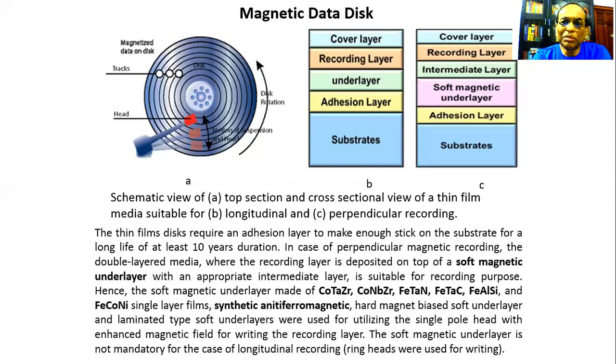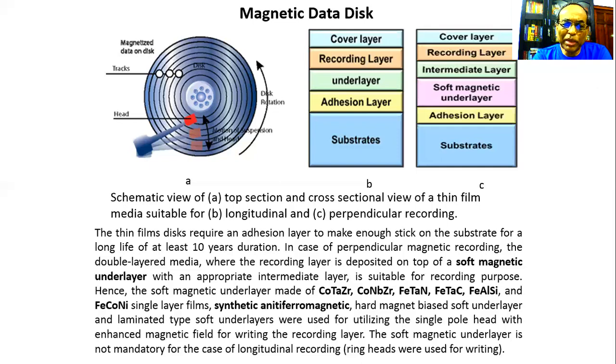So the adhesive layer is given, and this life is approximately 10 years. In the case of perpendicular magnetic recording, the double layer media, where the recording layer is deposited on top of a soft magnetic underlayer with an appropriate intermediate layer, is suitable for recording purposes.